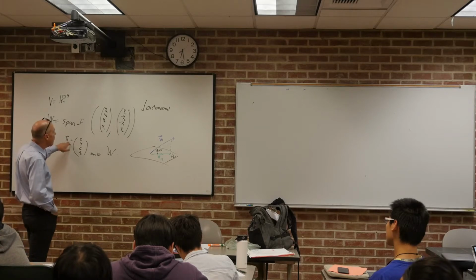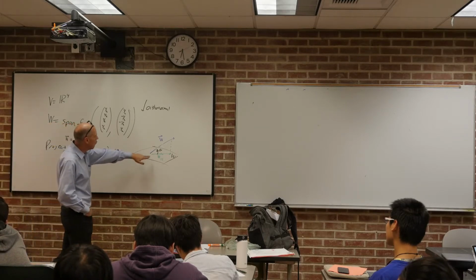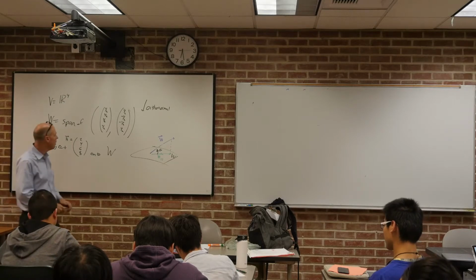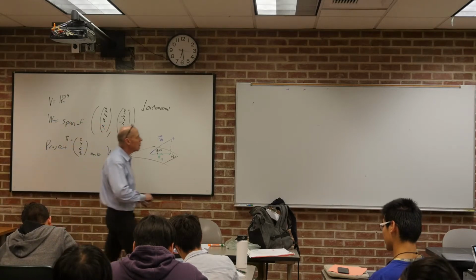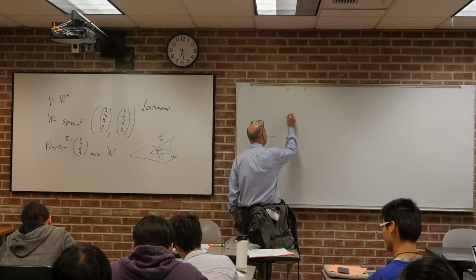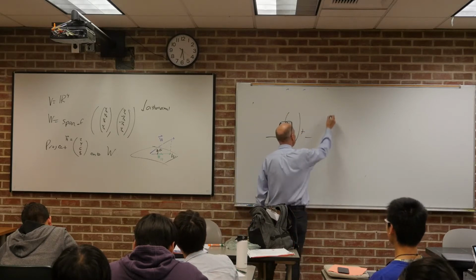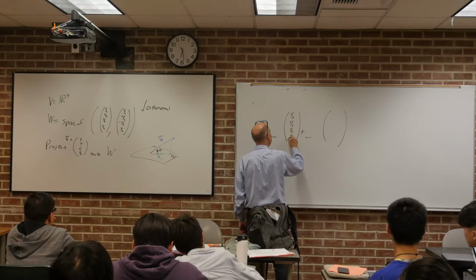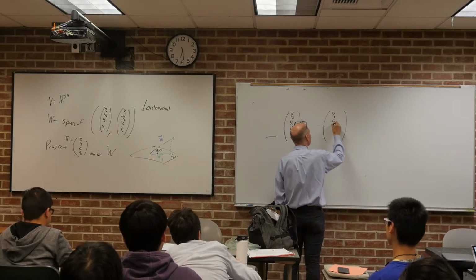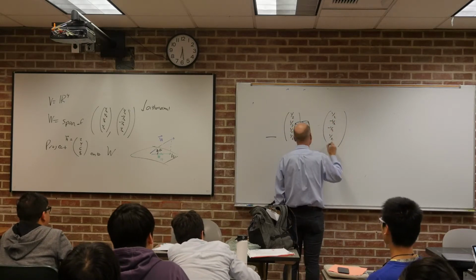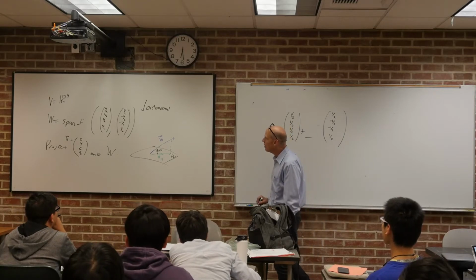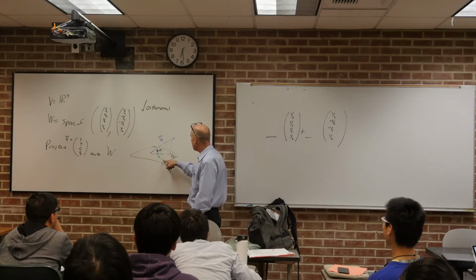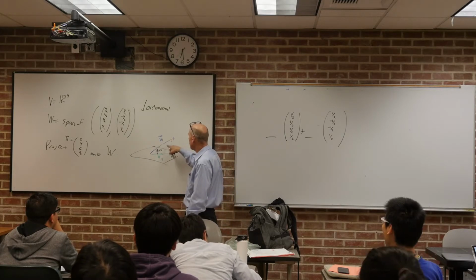If this is my W, do you know how to find the projection of W onto this subspace? So if W is the span of this, that means that anything in W can be written as a combination of these basis elements. Oh no, it's W, this is my notation for the projection of the vector minus x.